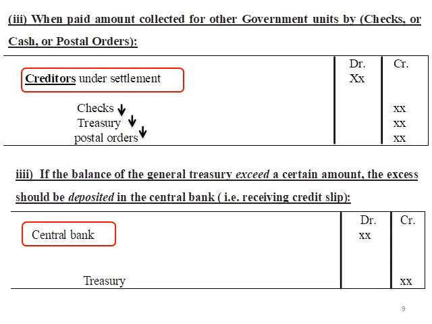When we close it in this step, we put it in the debit side and close it. So creditors under settlement in the debit side, and now in this case you pay. Pay means that you will pay by check, credit, treasury decrease, postal order as a credit side.